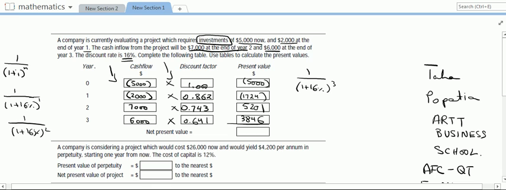Netting everything off, 3846 plus 5201 minus 1724 minus 5000, 2323.